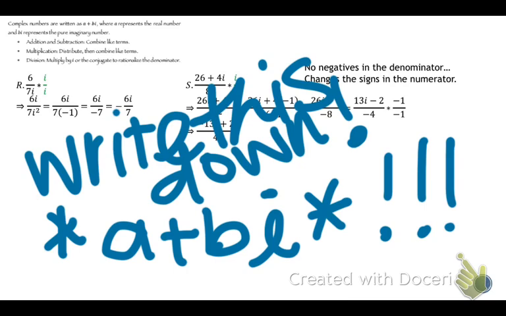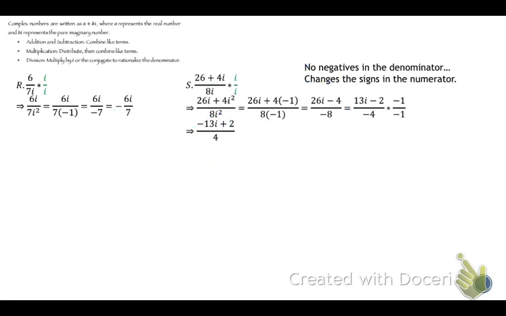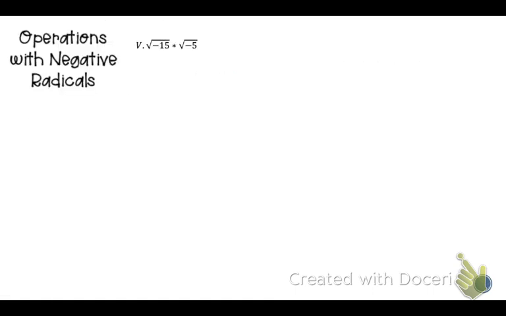So a plus bi, it has to be in that form. It's another weird thing, but if you remember back to the beginning of the video, they're written in this form a plus bi, that's how you have to write your answers. So here I just need to switch those two. So it's going to be 2 minus 13i over 4. Okay?